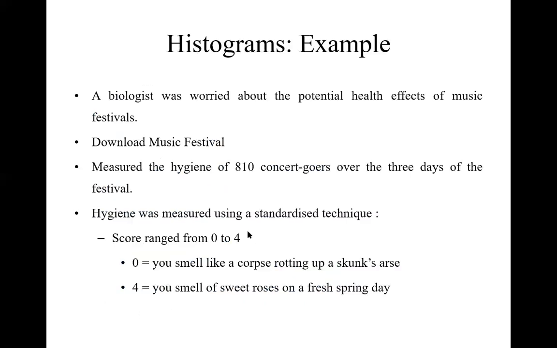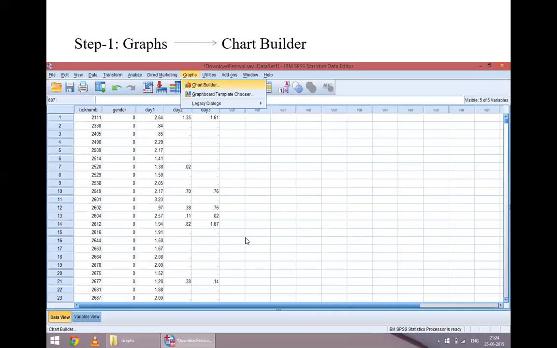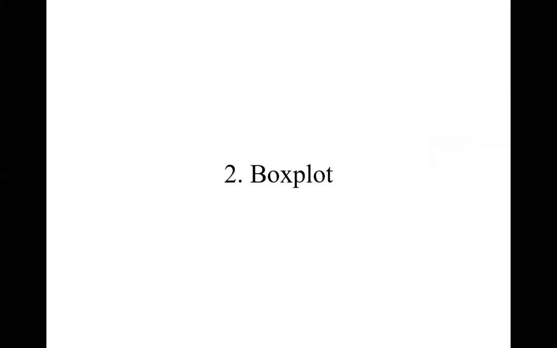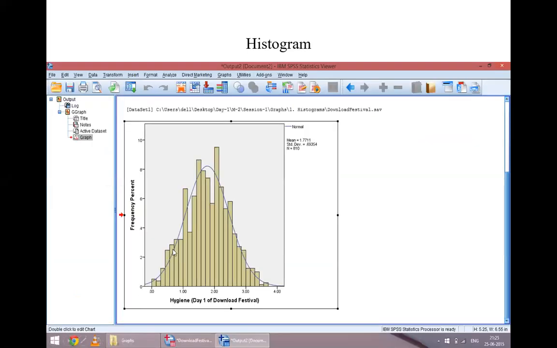This is my histogram. If my data is in a bell shape, bell means ghanti, it means the data is normally distributed. If it is not in a bell shape, the data is skewed either to the left-hand side or right-hand side, positively skewed or negatively skewed.